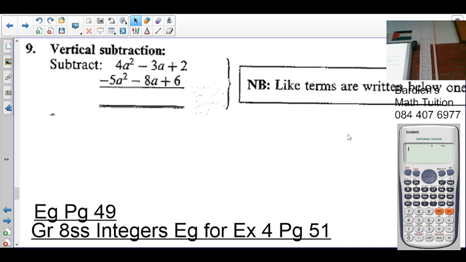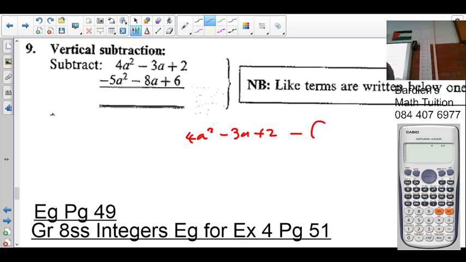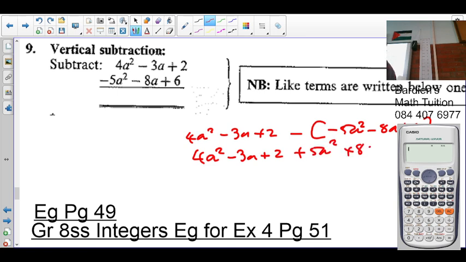If the sum was 4a squared minus 3a plus 2 and we had to subtract, then I would have put negative into negative 5a squared minus 8a plus 6, which is 4a squared minus 3a plus 2 plus 5a squared plus 8a minus 6, and we look for like terms, so they give you 9a squared plus 5a minus 4.